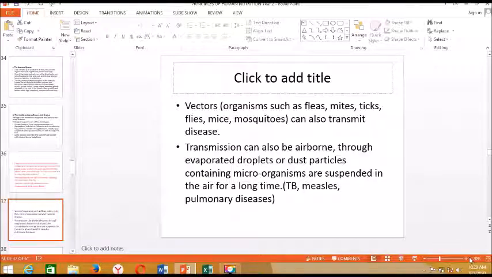An example of diseases that are transferred through the air and they are being suspended there in the air for a long time could be TB, tuberculosis, measles, and any pulmonary diseases. Pulmonary diseases are diseases that affect the lung.